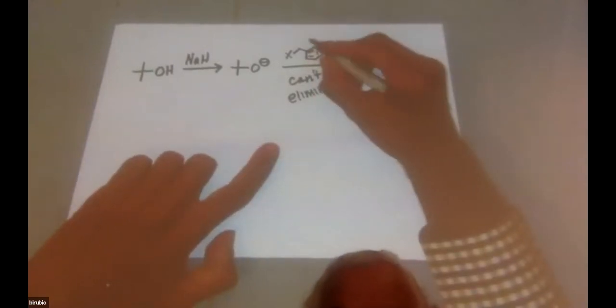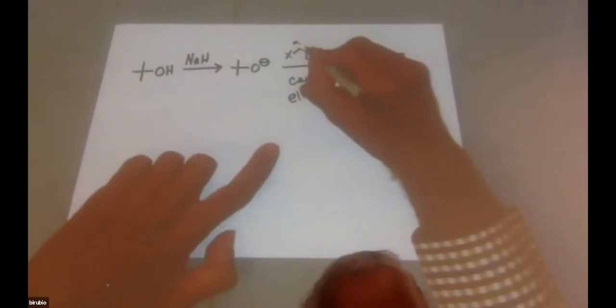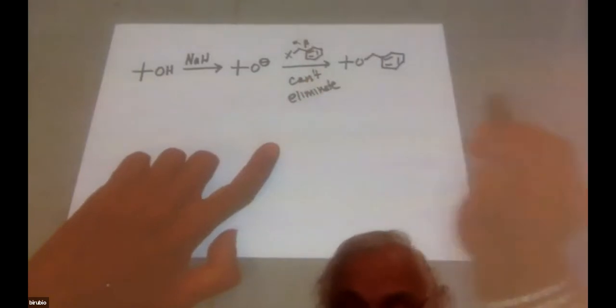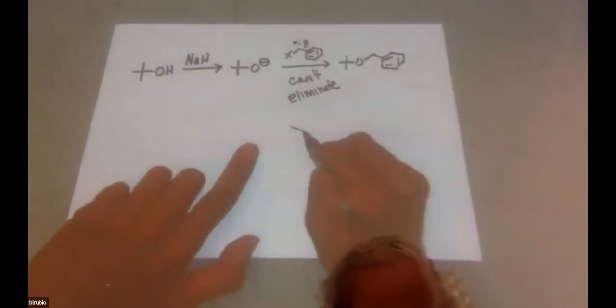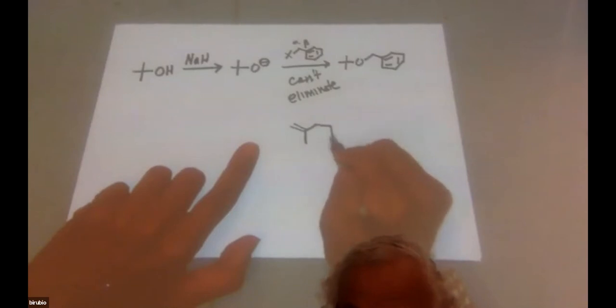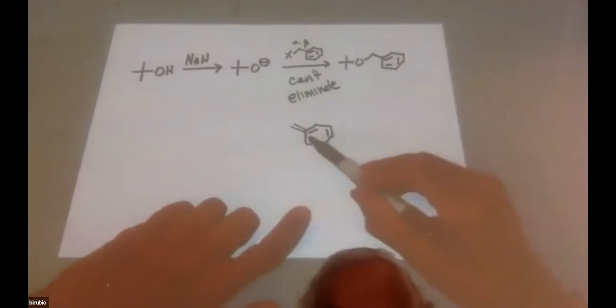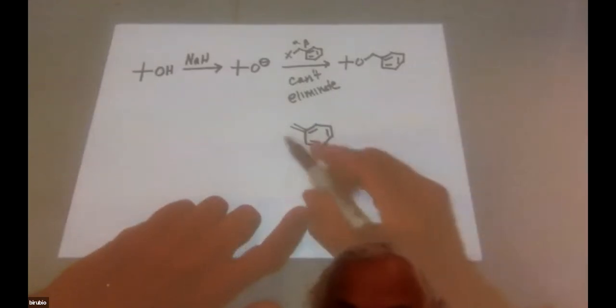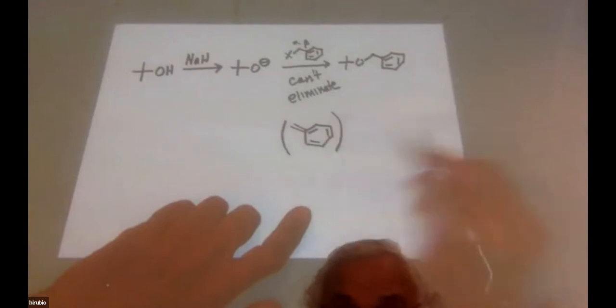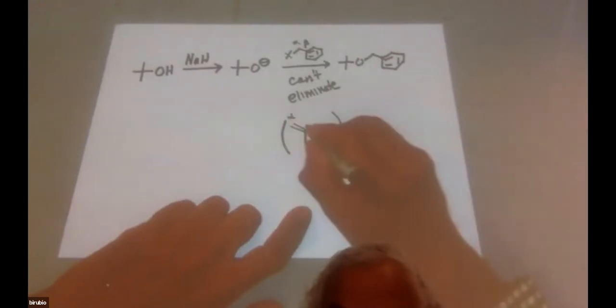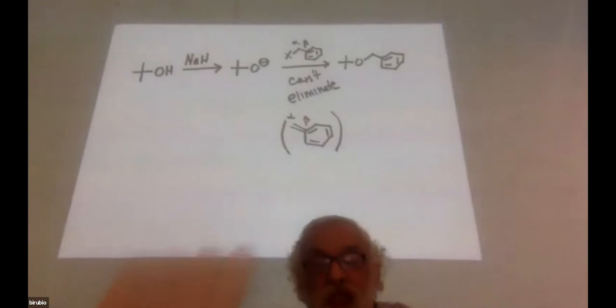Elimination puts in a new double bond between the alpha carbon and the beta carbon. The elimination product would be something like this. That would be the elimination product, and we see a carbon atom with 5 bonds. So this guy here can't exist, right? That's the alpha carbon, there's the beta carbon. So this thing can't eliminate.